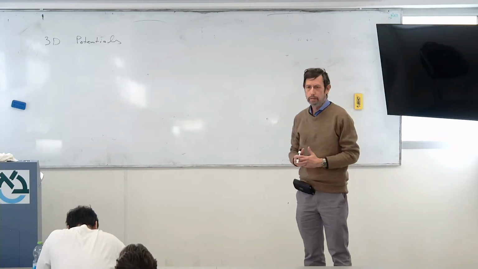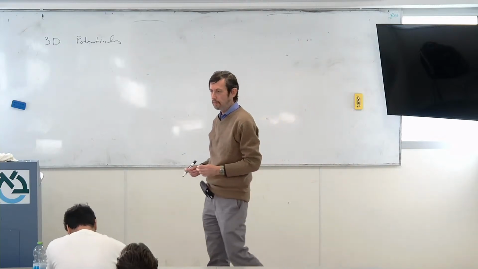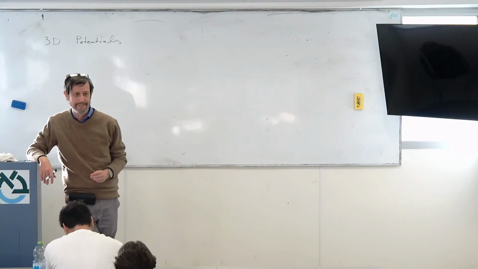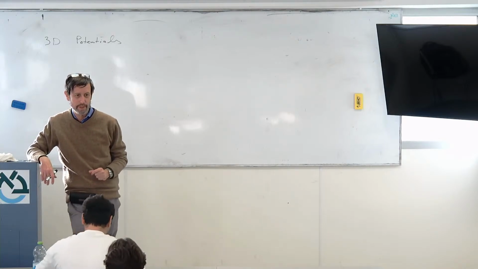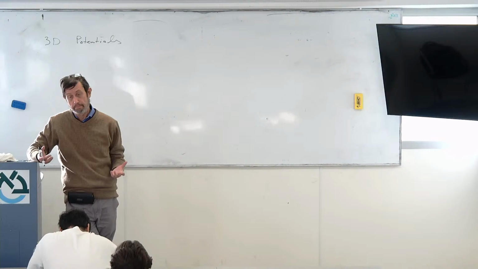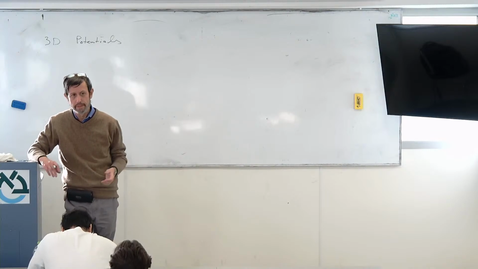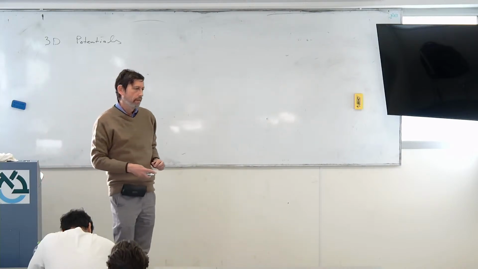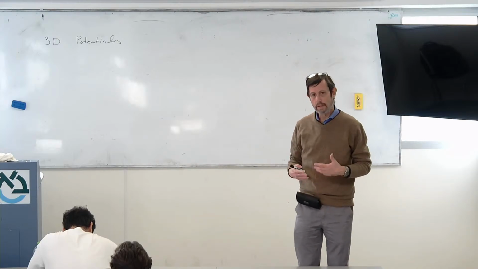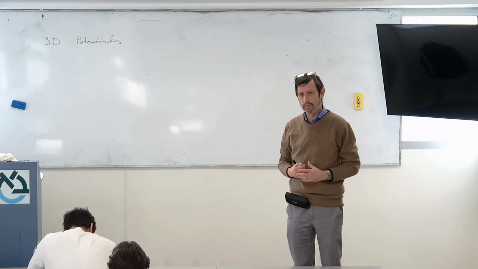Okay, so we're moving to the universe which we happen to occupy, a three-dimensional one, and we can have many different types of potentials. 50 years ago, I would say, well, a lot of them could be very difficult to solve.